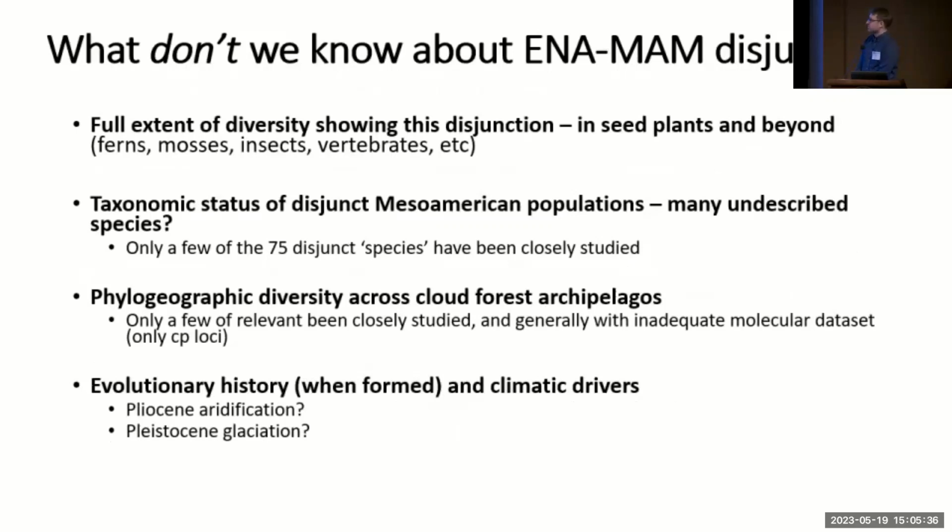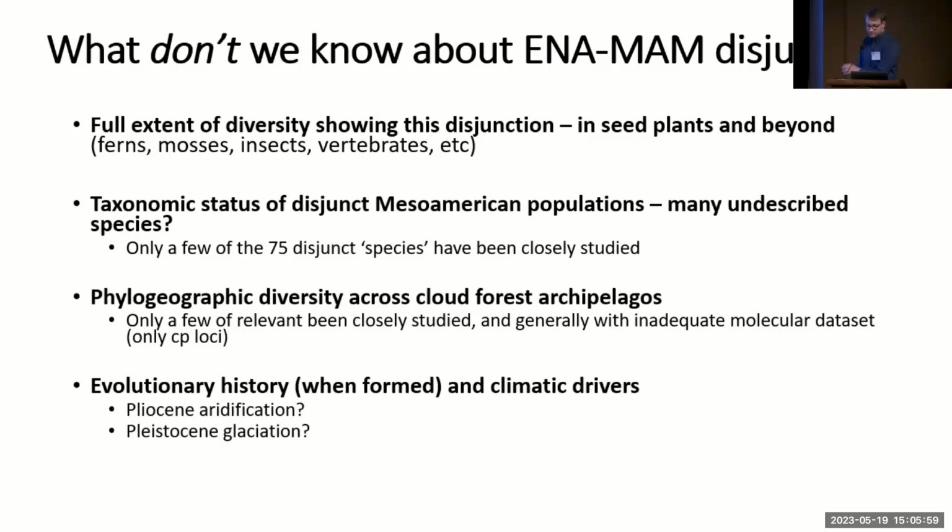My understanding is that there are some ferns and some mosses that show this disjunction. Some of the ferns are a little more broadly distributed, so it's not quite clear. I'm not as familiar with the moss diversity, but Aaron Sharp, who first discovered this pattern, was a bryologist, and he has some early papers on that.